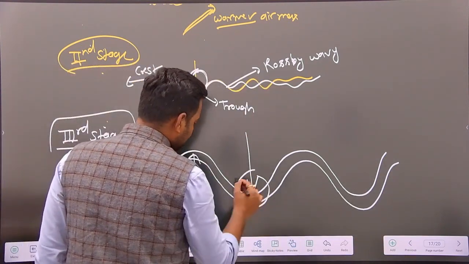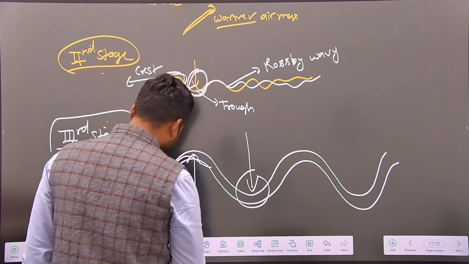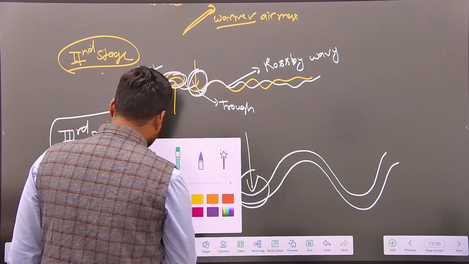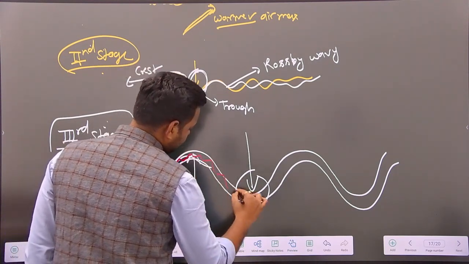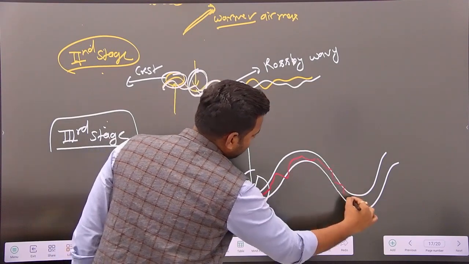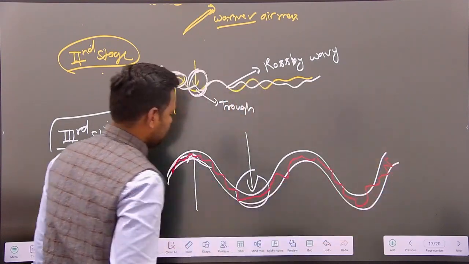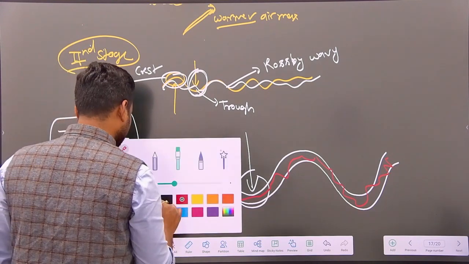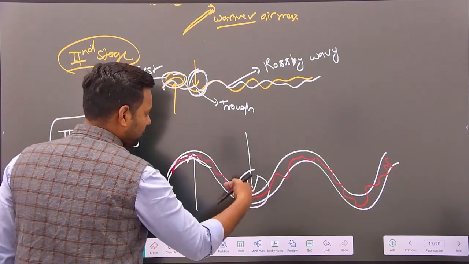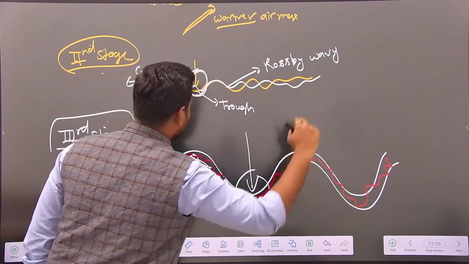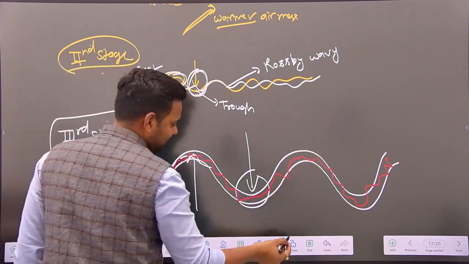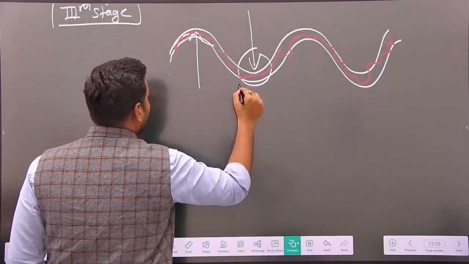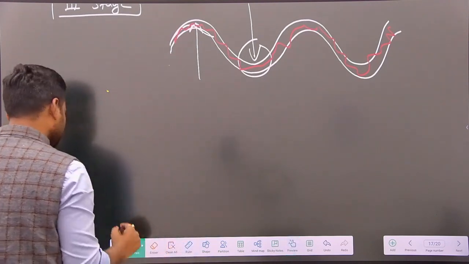Here is a cold air mass and jet streams are flowing in the mid part. Here is the development of a warm air mass, and here is the development of a cold air mass. There is meandering, and the fourth stage is the stage of ending of the jet stream.